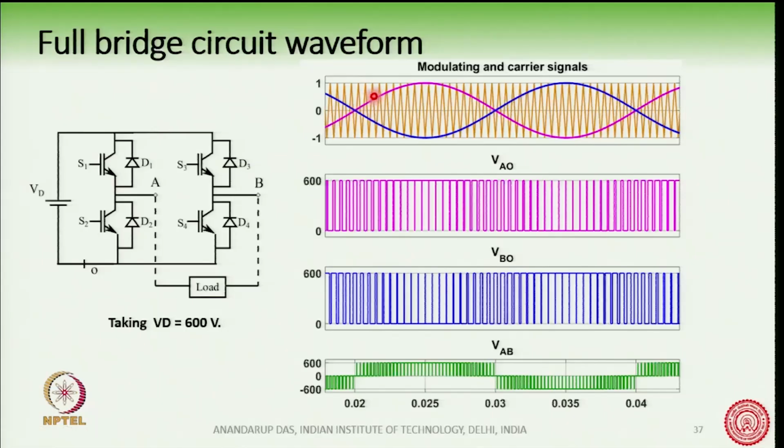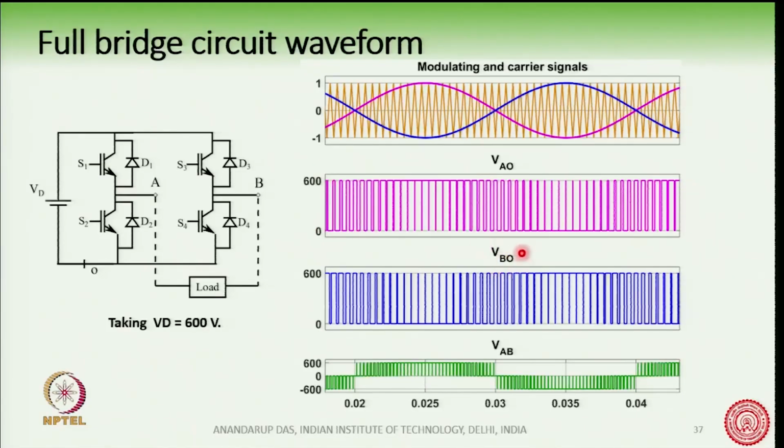As I told, this is the full bridge converter. The sine wave which controls, or the modulating wave for A phase, is the pink waveform, and the modulating wave for the B phase is the blue one, and they are 180 degrees phase shifted. They are compared with a high frequency triangle which is spanning between -1 and +1. So, the output voltage VAO is again between 0 and 600, and it is a PWM waveform.